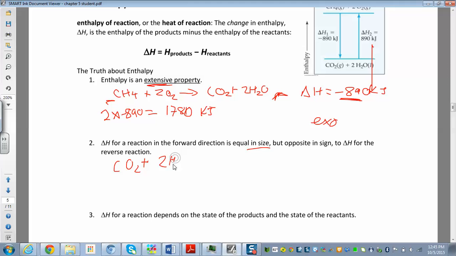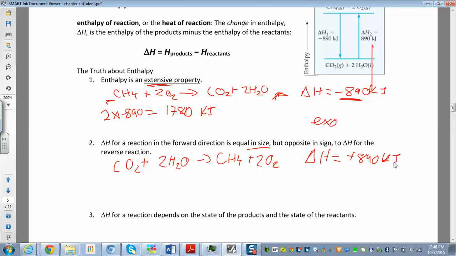Now, if I flip this reaction around, keeping everything the same, just reversing the positions of the reactants and products, I know what the enthalpy will be in this case, because if it's negative 890 kilojoules in that direction, it's going to be positive 890 kilojoules in this direction.